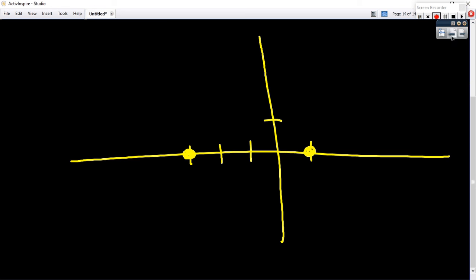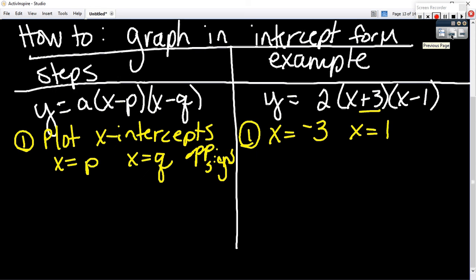Looking back, should it open up or down? Up. Why? It's positive. Now here's where you have to think, and y'all were right on the brink with this earlier. If a parabola is symmetric and you have 2 points on the same horizontal line, then the vertex is going to happen where? In the middle.